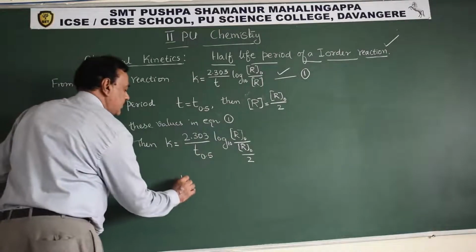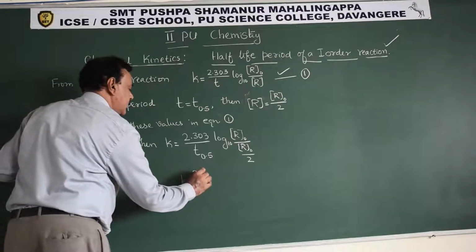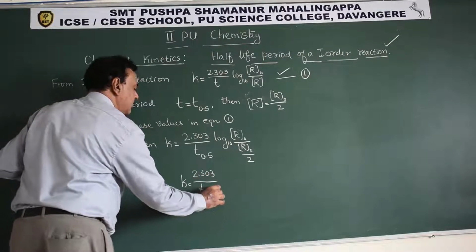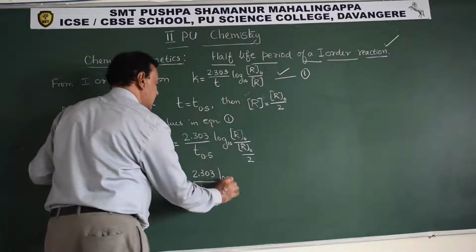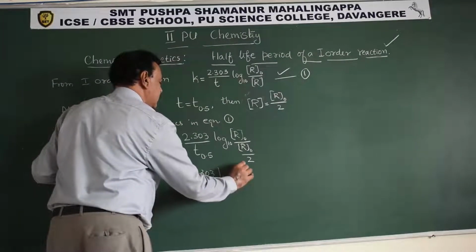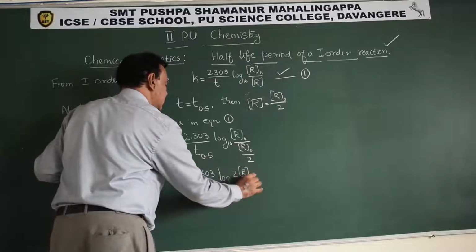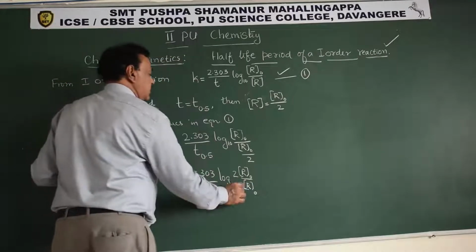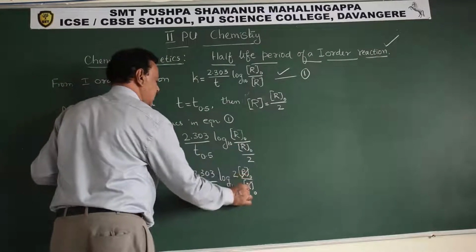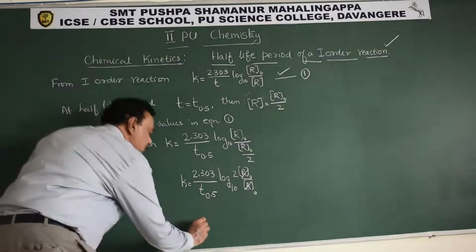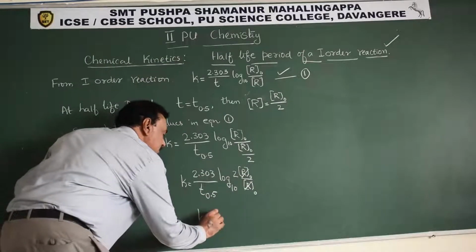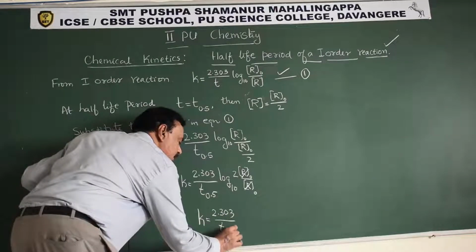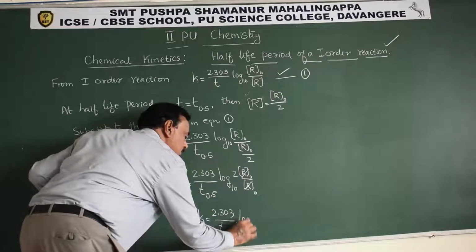This is equal to K is equal to 2.303 divided by T half into log base 10 of 2 R naught divided by R naught. Rearranging, R naught and R naught get cancelled. Therefore, K is equal to 2.303 divided by T half into log 2.